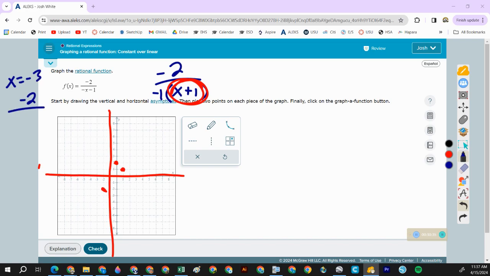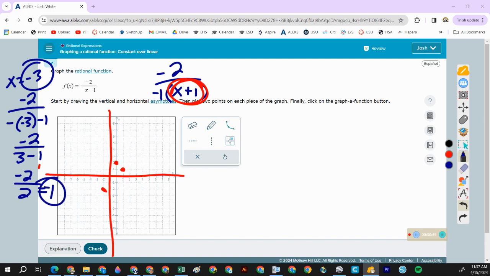Negative 2 over the opposite of negative 3 minus 1. So that's negative 2 over 3 minus 1, which is negative 2 over 2, which is just 1. So negative 3, negative 1. And then you hit the graph button, and it will draw those for you.